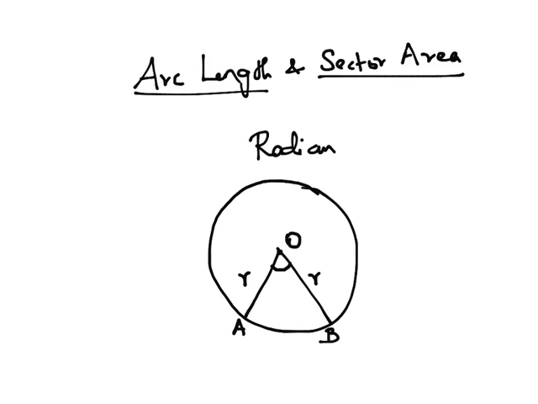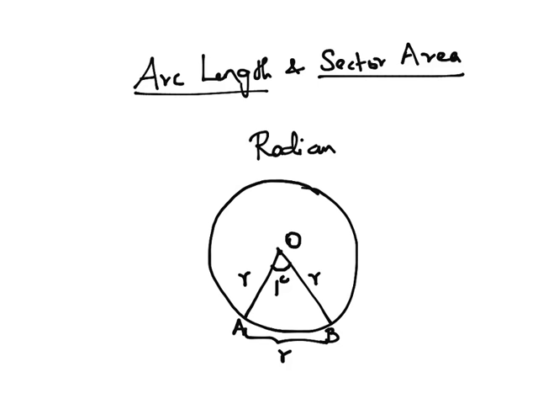If the length of this arc AB is also equal to the radius of the circle, then this angle is defined as 1 radian. We write it as 1 with a superscript c, just as we write degrees with a superscript 0.